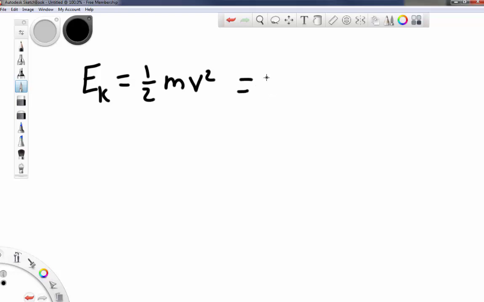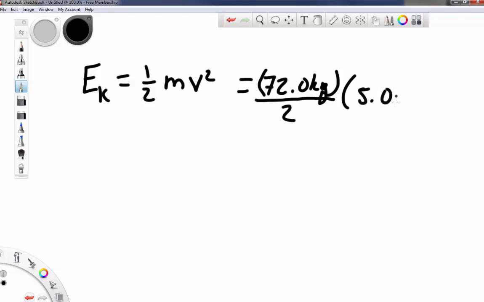Since this guy is 72 kilograms of mass, and he has a speed of 5.0 meters per second, we need to square that number.